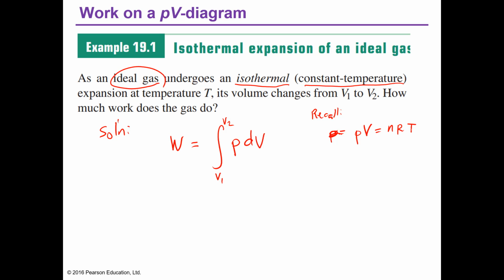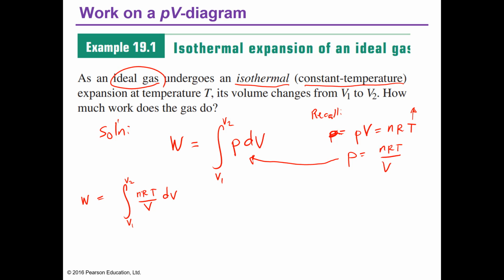Okay, and this is an isothermal expansion where your T is constant. So P here is equal to nRT over V. Plug that in here, and you will get what? Work is equal to the integral of nRT over V dV, integrated from V1 to V2.